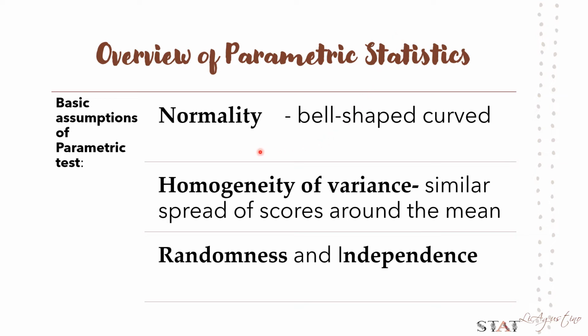It is really one assumption that the population data must be normally distributed, and the sample data from that specific population are also normally distributed. The normal distribution has data points that fit symmetrically in a bell-shaped curve. So that is the normality that must be met by any parametric test.